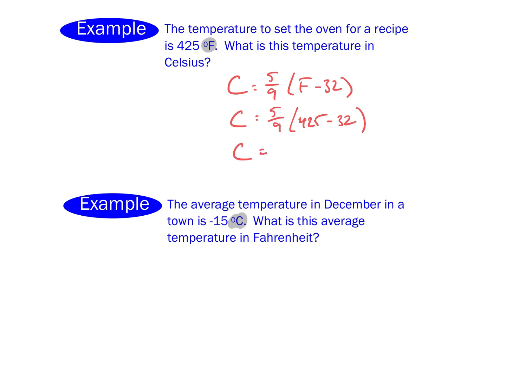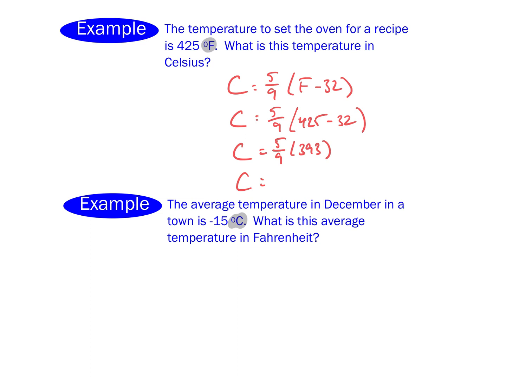So it's probably best if we do that subtraction first. So 425 minus 32 is 393. So we have 5 divided by 9 times 393.